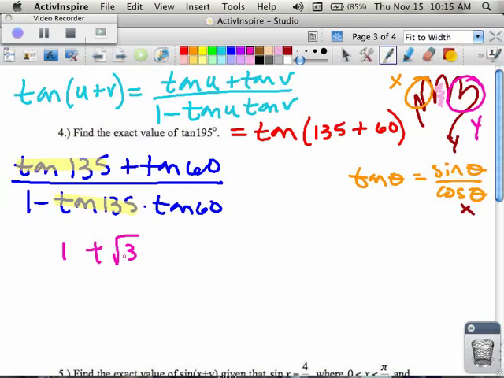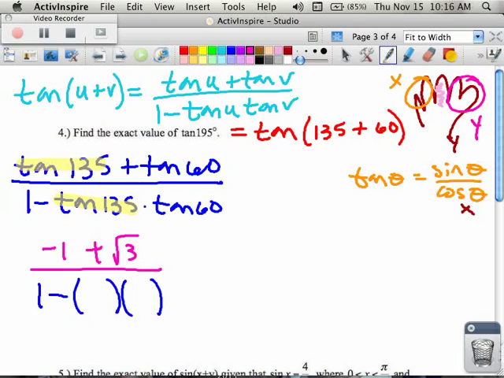And in the first part, where I said tangent of 135, since it was in the second quadrant, don't forget that's negative 1. Okay, not positive 1, but negative 1. That means down below, from the formula, I have that 1 and the minus sign, and then I have two things that are being multiplied.